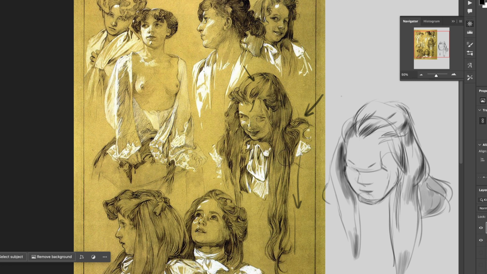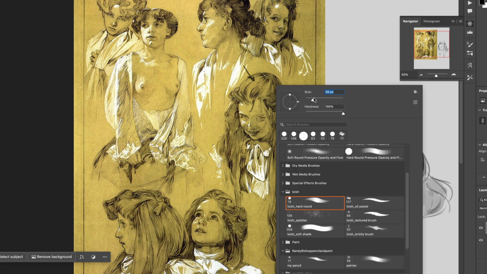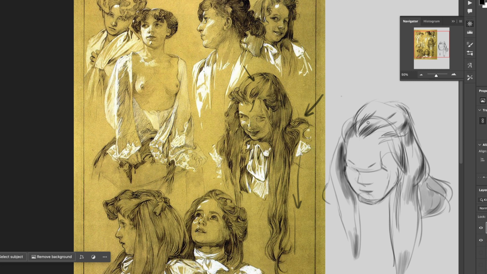And then again he can go back, and then he could put in additional value for the hair, like this.